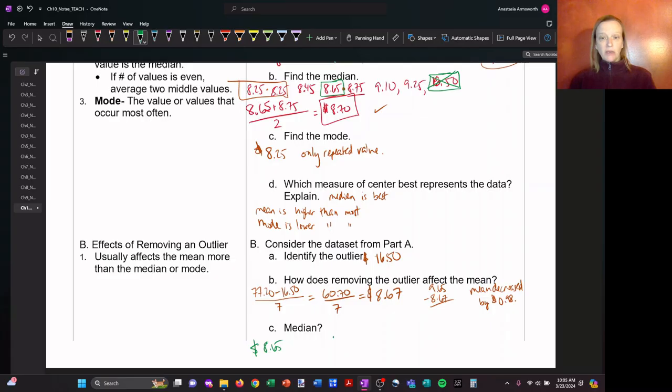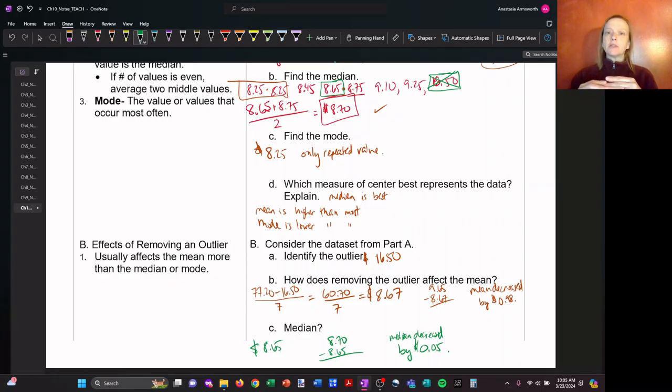My old median was $8.70. My new median is $8.65. And so the median decreased by 0.055 cents. So when you remove an outlier value, the median also changes, although by a lesser amount than the average changed.